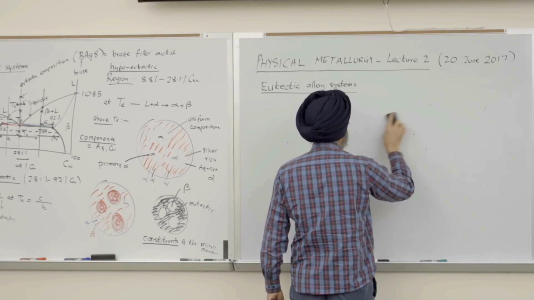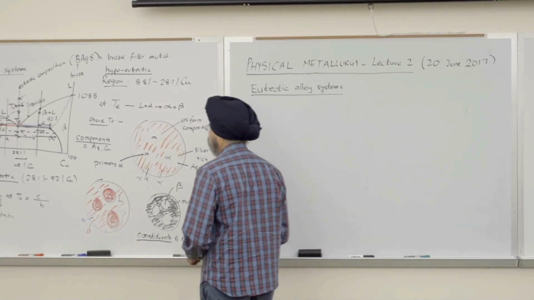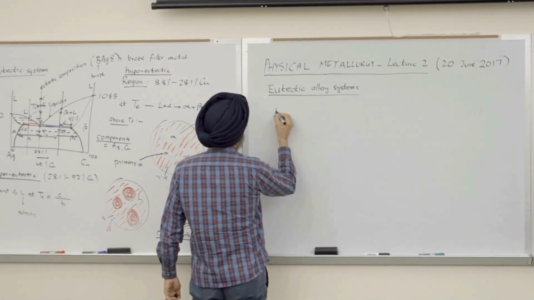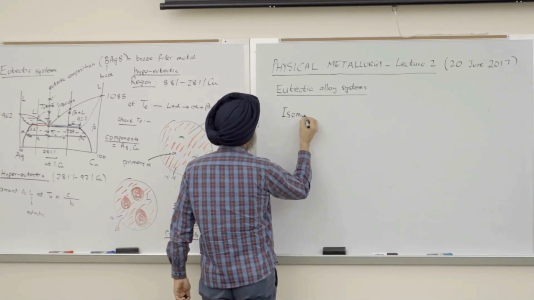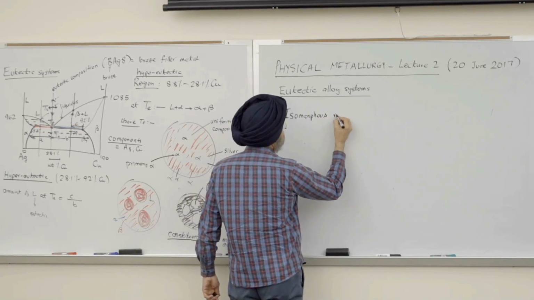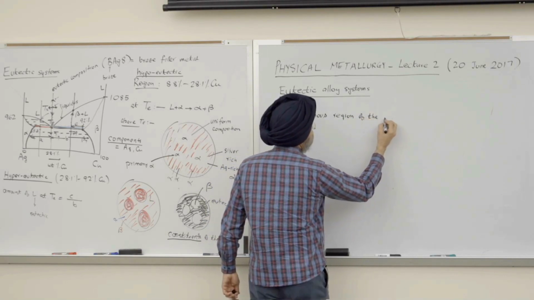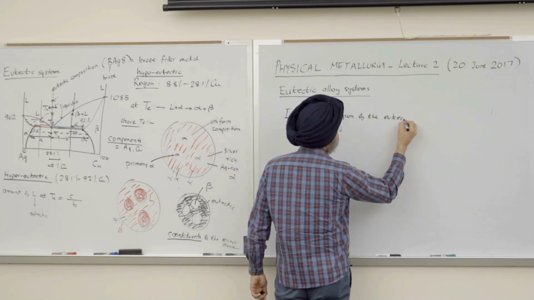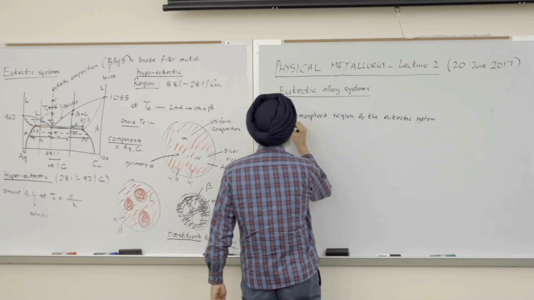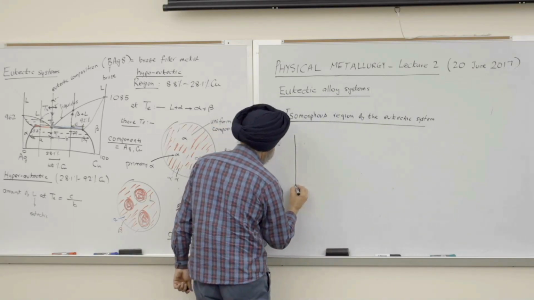Okay, so I want to deal with what I call the isomorphous section of the phase diagram, which is either the far left or the far right. So I'm back to isomorphous. The isomorphous region of the eutectic system is a neat region, and I'll draw it in a magnified view.